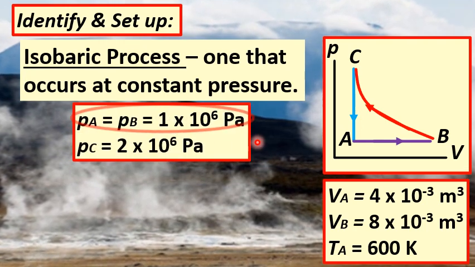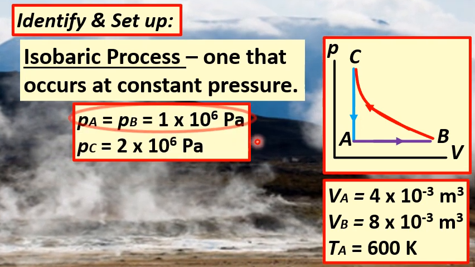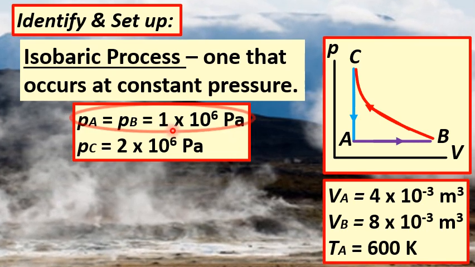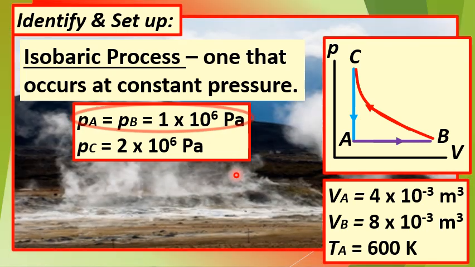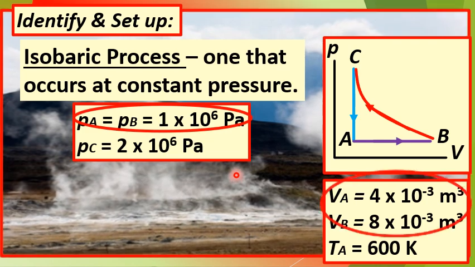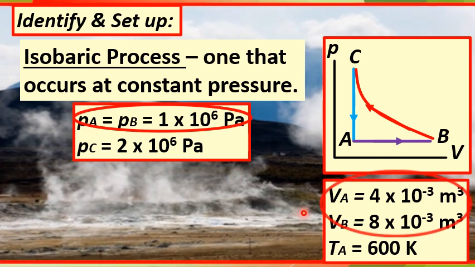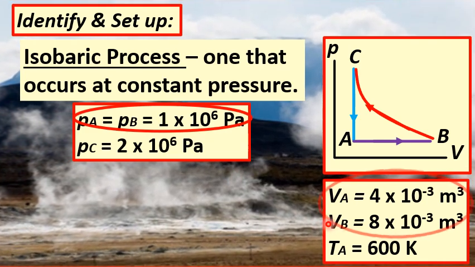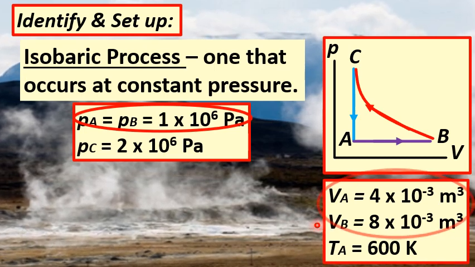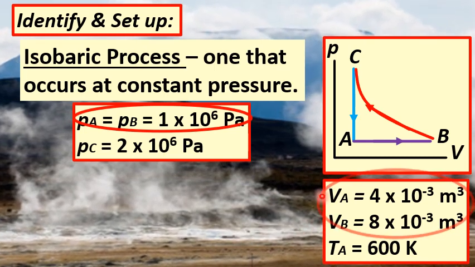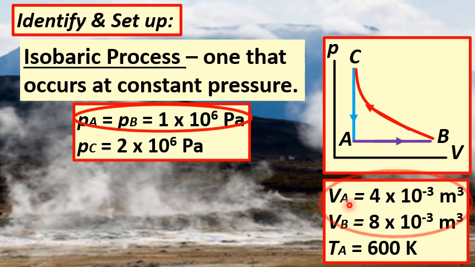The pressure on the gas is the same at state A and state B, but the volume of the gas is doubled as it expands isobarically from state A to state B.